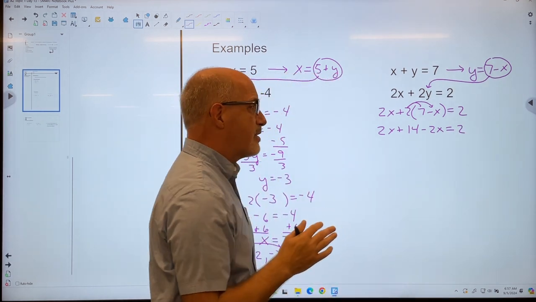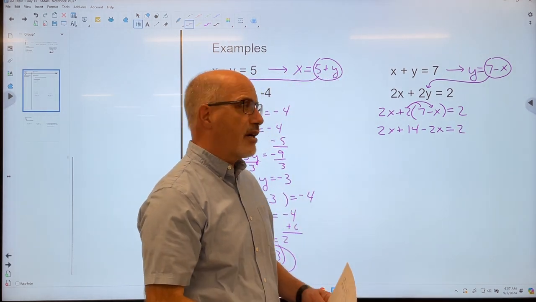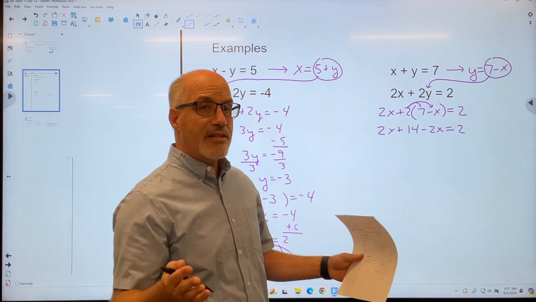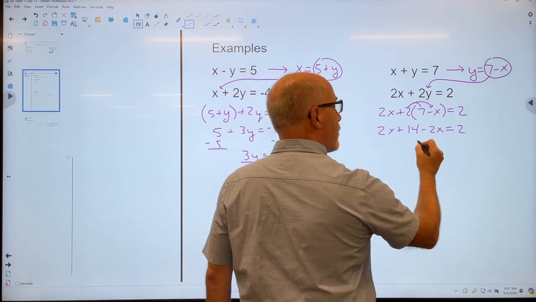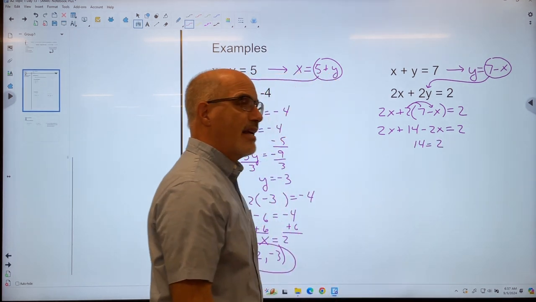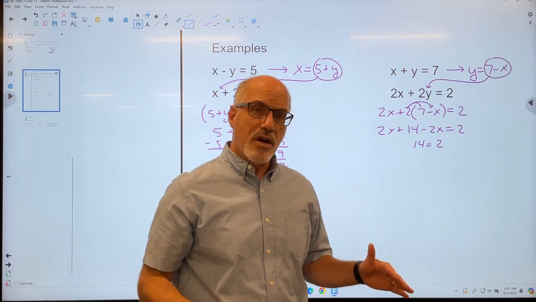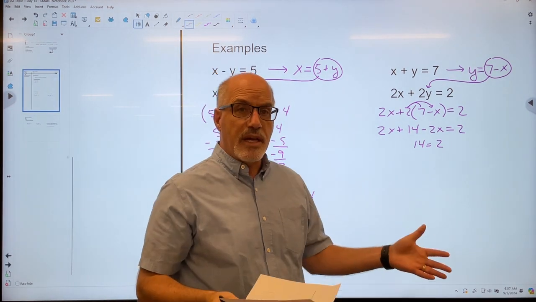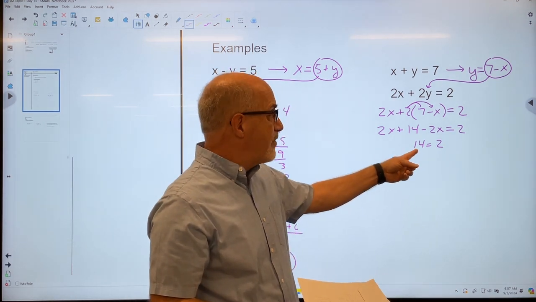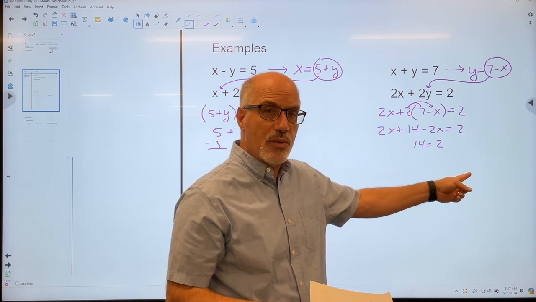Now I'm going to solve this equation, but take a look here. 2x minus 2x on this side, the x's are gone. I'm left with just a 14 on this side, and I'm left with a 2 on this side. Now, something's wrong with this because no variables, I can't solve for x or y here, and the statement I have, 14 is not equal to 2.